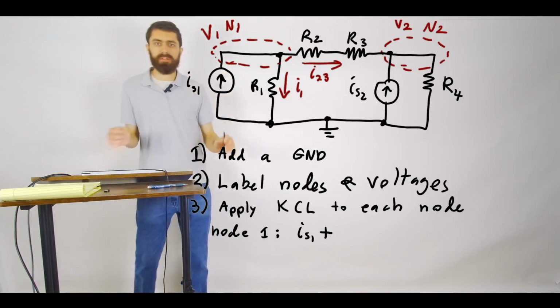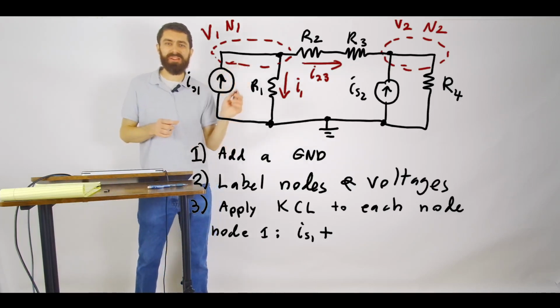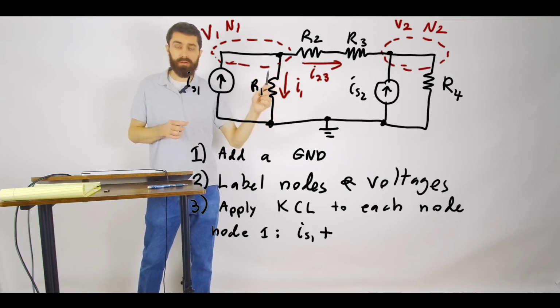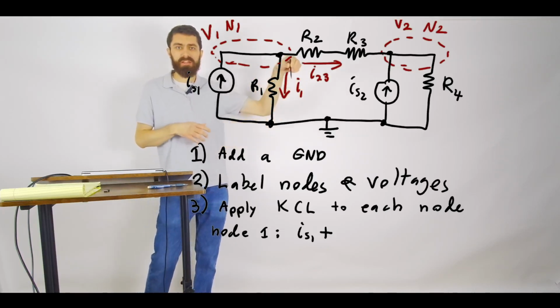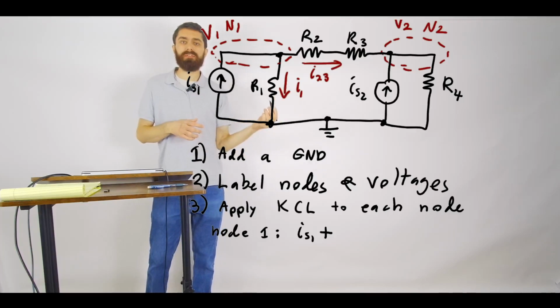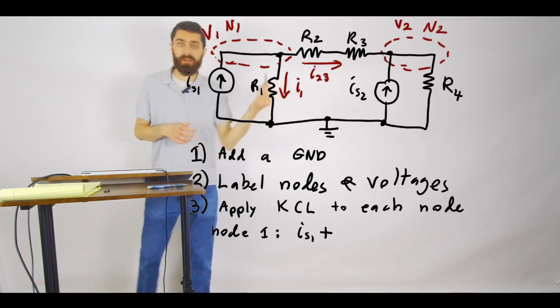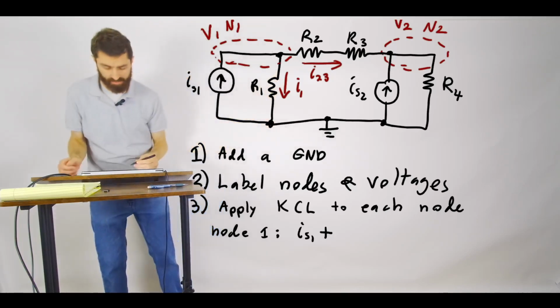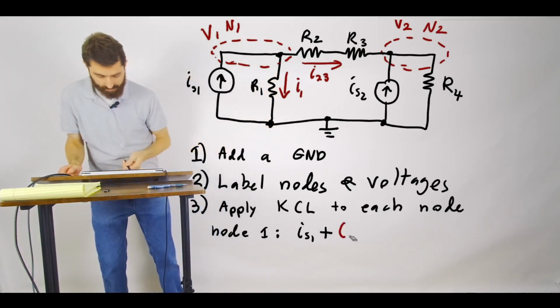So going back to our node here, we've got IS1 plus we want the current going into the node here. But the way I drew this, the current's going out of the node. That means we have to negate it. It has to be minus I1. So the current going into the node here is minus I1.